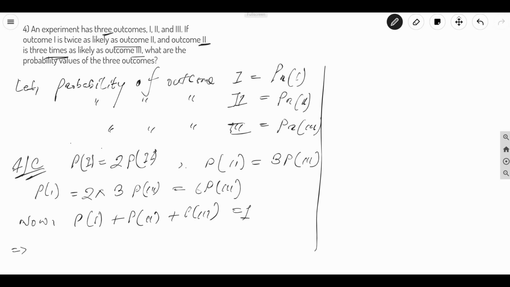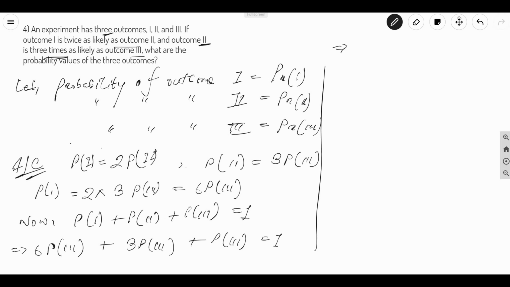Now we can replace probability of 1 with 6 into probability of 3, plus probability of 2 with 3 into probability of 3, plus probability of 3 is equal to 1. Now we have changed all the values to a particular one, probability of 3, so that it will help us to solve our problem easily.